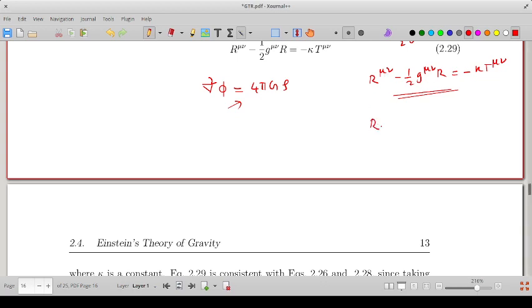So we will have R_μν minus half g_μν R equal to minus k T_μν, where a tensor like R_μν can be obtained by using the covariant metric tensor as g_μα g_νβ R^αβ. Similarly for the energy momentum tensor as well.